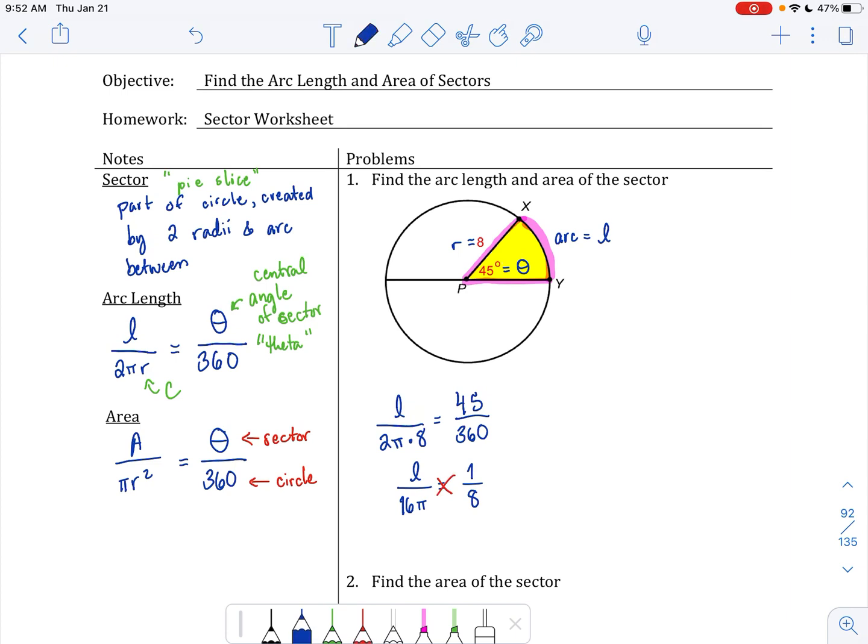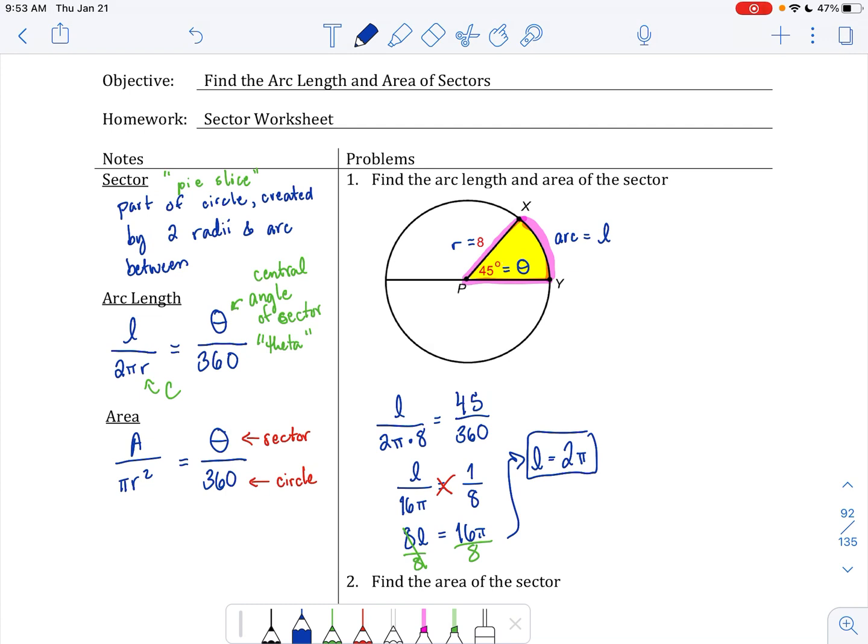So when we cross multiply, the numbers are a lot more straightforward. This becomes 8L is equal to 16 pi times 1, which is just 16 pi. Divide by 8 on both sides. So the arc length by itself is equal to 16 pi over 8, which is 2 pi.